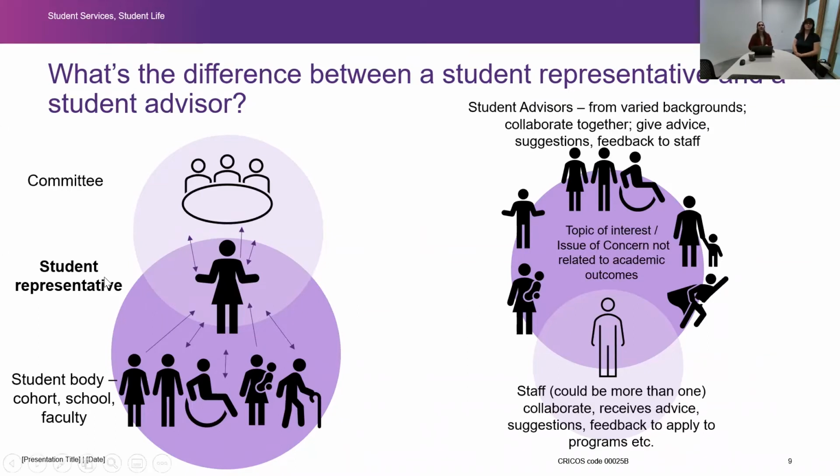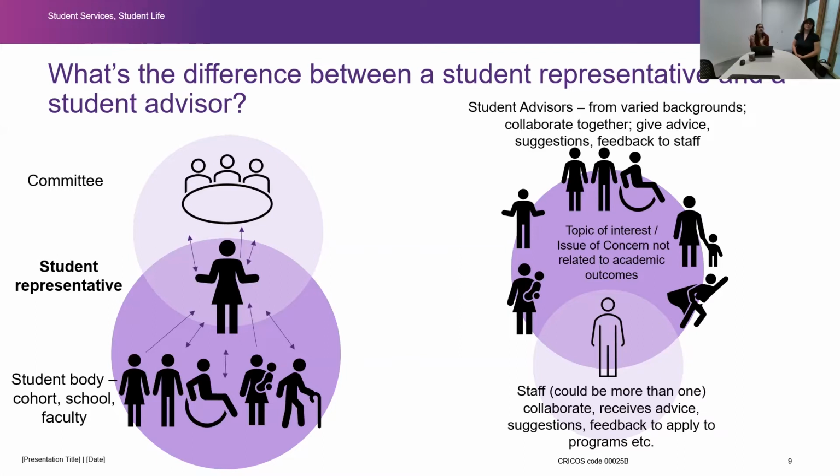As you can see from these lovely diagrams that I spent way too long on, a student representative is the middle person, the bridge between the committee, which is appointed by the university to carry out a particular function, to discuss issues, and then bring them back to a broader function of the university, and the broader student body that are impacted by the decisions being made by that committee. So there's that bridge element.